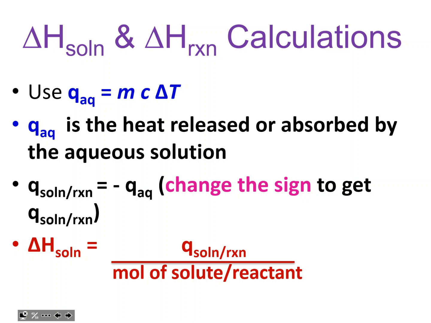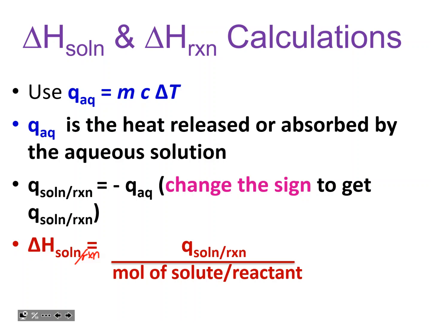If it cools down, the energy is absorbed. So in order to find the q of the solution or reaction, we have to change the sign on that, because we know what's reaching the thermometer is opposite of what's taking place in the system. Now, here I should have also written that this could also be reaction. This is just the additional step of calculating delta H.